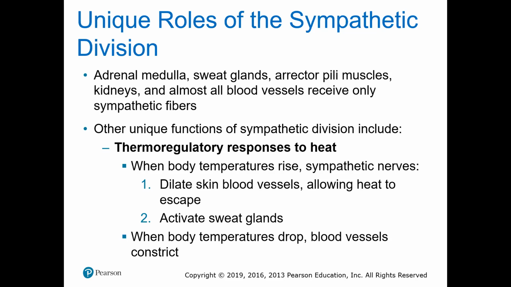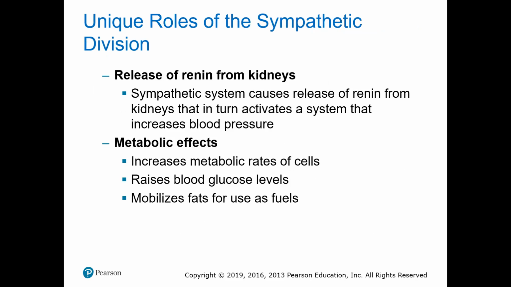Did you know that when your hairs stand up because you're cold, you have goosebumps? Goosebumps are a result of the sympathetic nervous system. The need to raise the hairs on your skin to try and trap air to keep you warm is a sympathetic response. So renin, we haven't talked about renin yet.